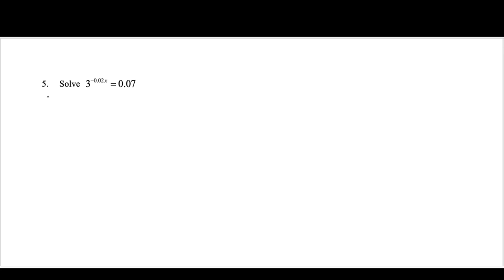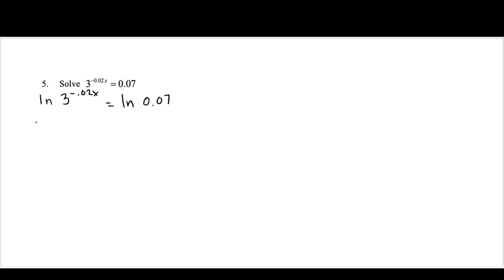So again, if I choose something like a natural logarithm, ln of 3 raised to the power of negative 0.02x equals ln of 0.07.